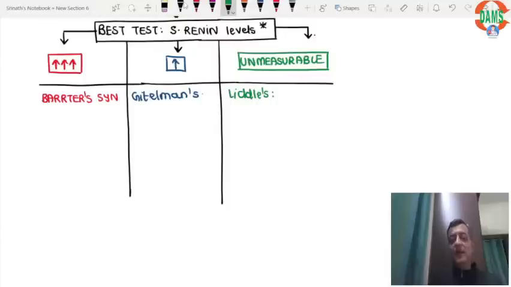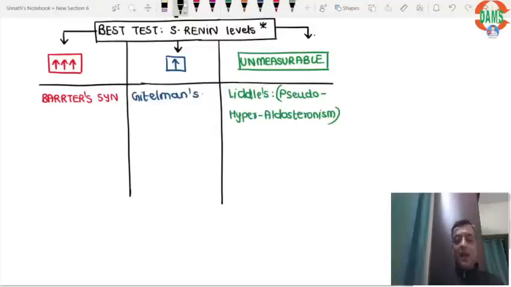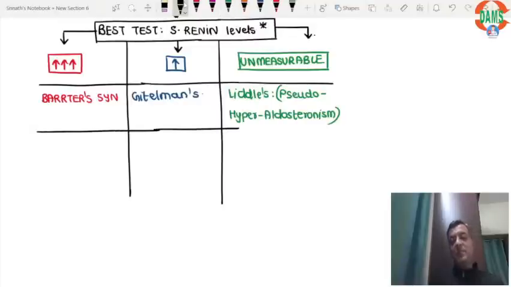And that is why it is also known as pseudohyperaldosteronism. It looks as if aldosterone is more, but actually the renin and aldosterone levels are unmeasurable in this patient.